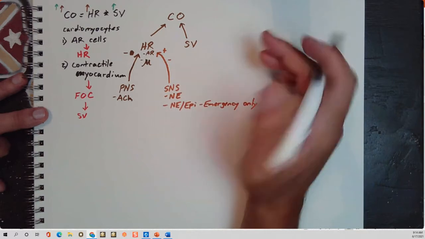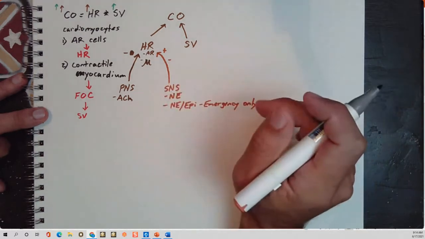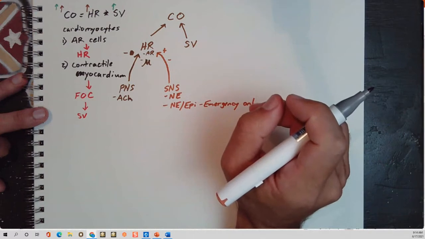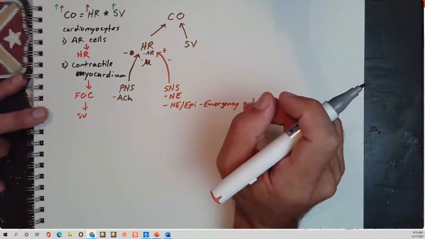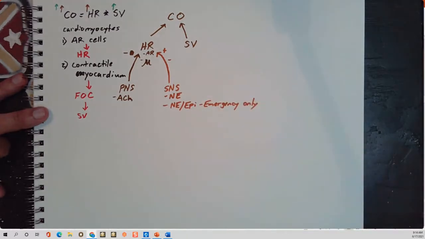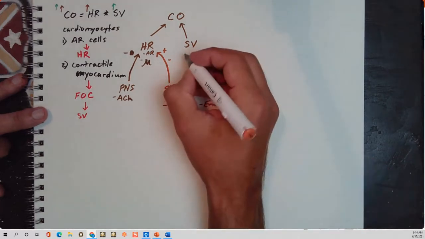Yesterday we spent a lot of time on 5 different types of adrenergic receptors, and only one of those is found on autorhythmic cells. Yes, it's beta 1. Good.